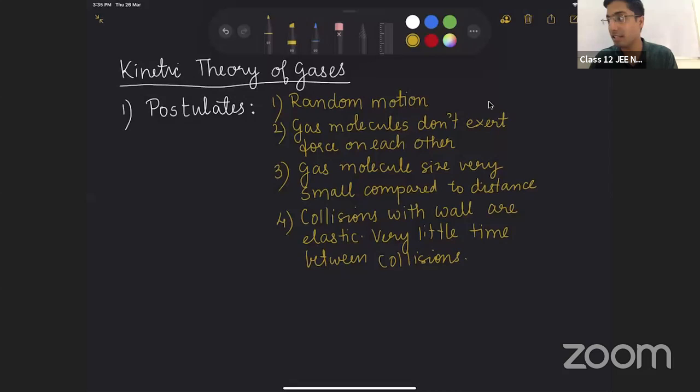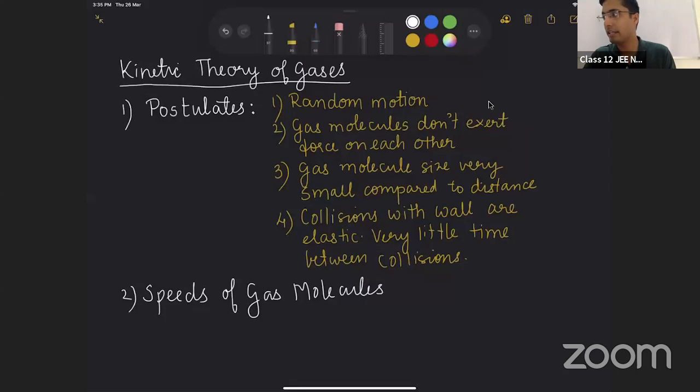Now, based on this, the second thing that we studied was the speeds of gas molecules. These were governed by Maxwell's distribution law.